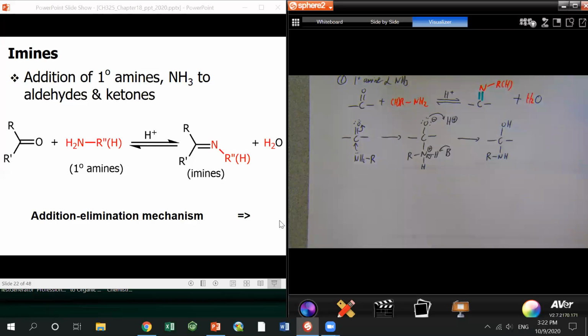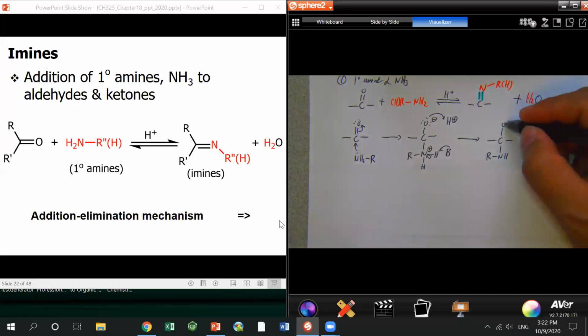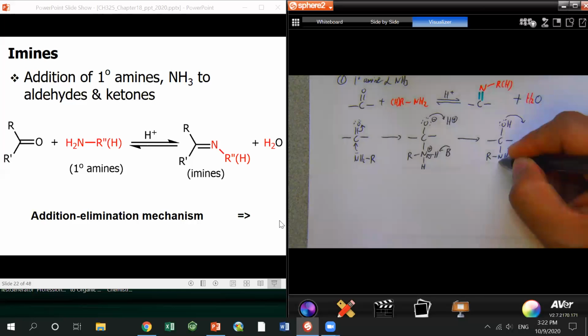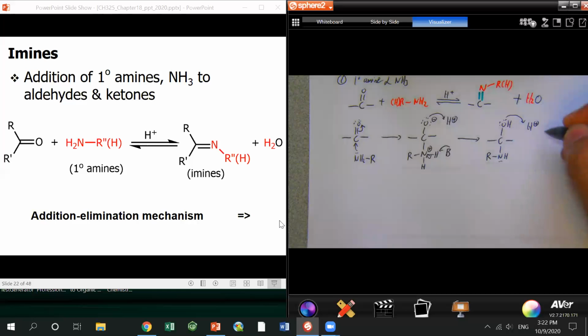But unfortunately, the reaction won't stop here. This OH will further pick up one hydrogen from the reaction system and convert to a better leaving group, which is water.